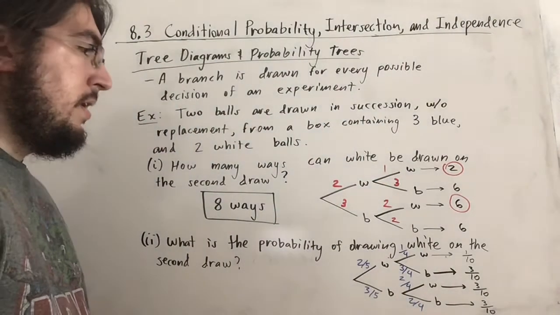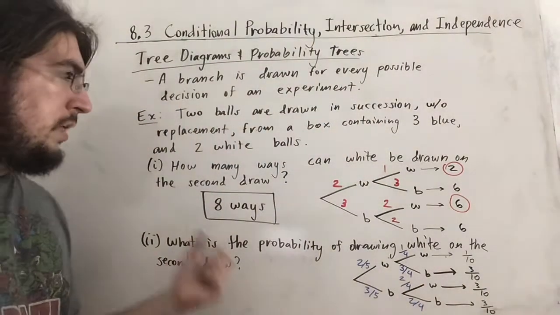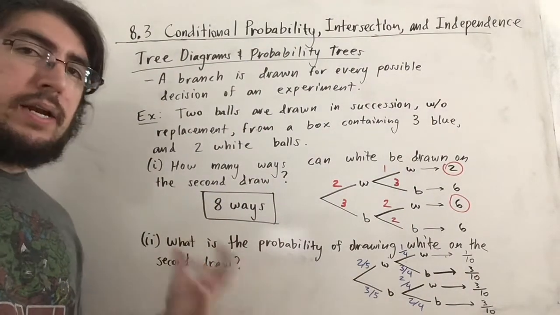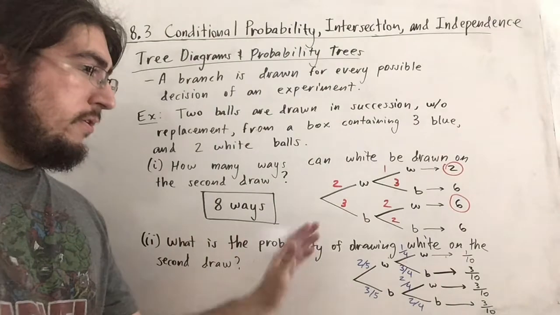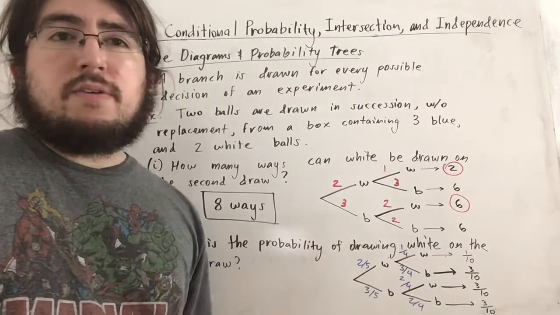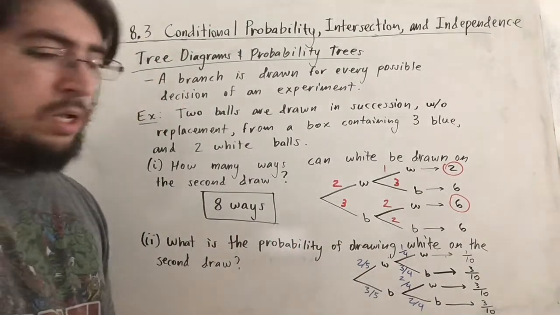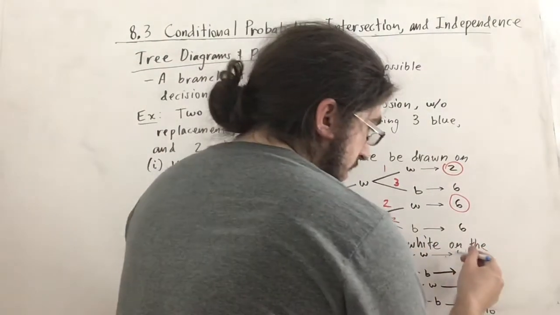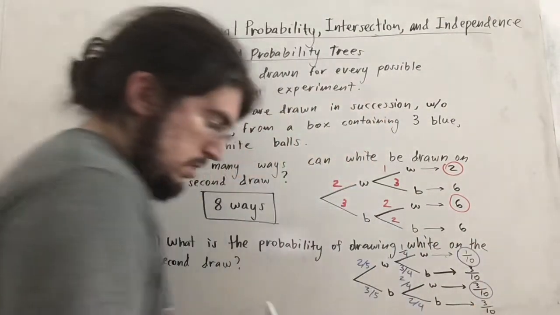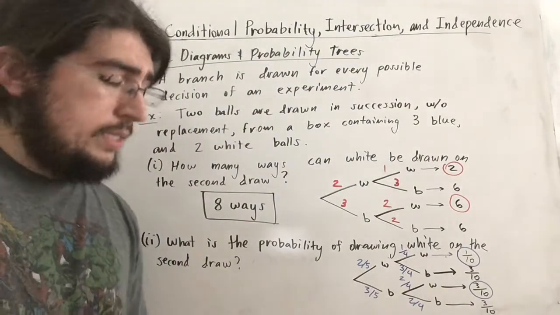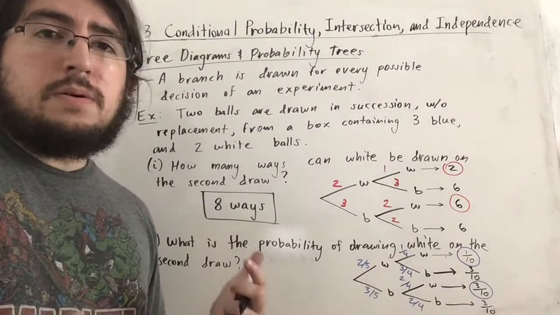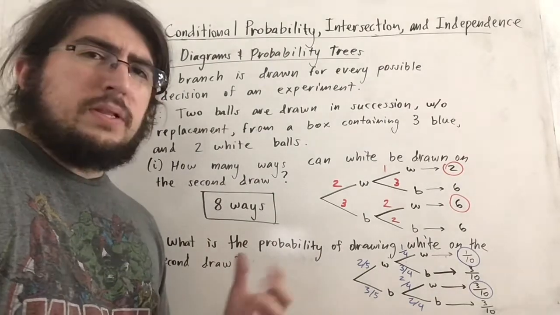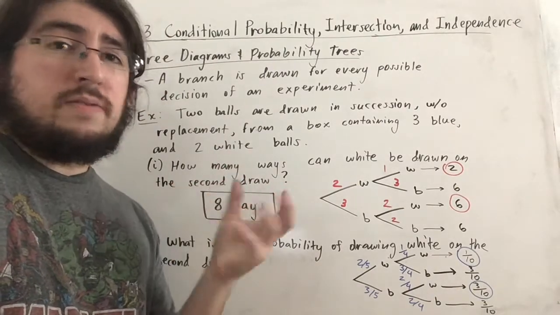All right. Now, similar to what we did over there, we're being asked to find the probability of drawing white in the second draw. So that's either this scenario or this scenario for drawing white second. So, similar to what we did over there, we are going to add the results of either, because it's the probability of a union of 2 sets.